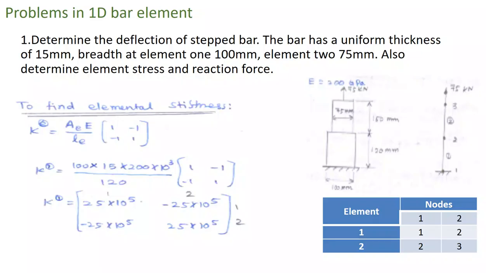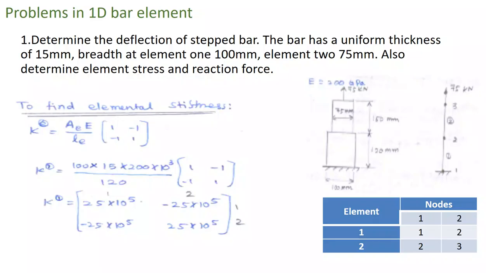Next, geometrical parameters. Based on the geometry, we want to discretize into two elements. The bottom portion has a 100 mm breadth, and the top portion has a 75 mm breadth. So based on this geometry, we do the discretization. So now we have discretization into two elements. The bottom will be element 1 and the top will be element 2.